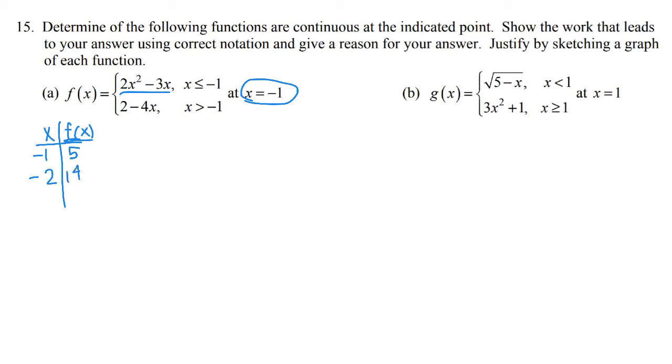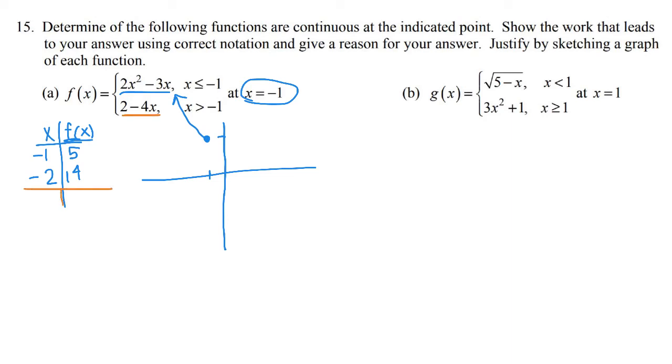So if we sketch this, we can go ahead and do a good sketch of it. Notice that negative 1, and then we're up here at 5. So we have that for sure point, and this is a parabola, so it's probably tending on up toward that direction.